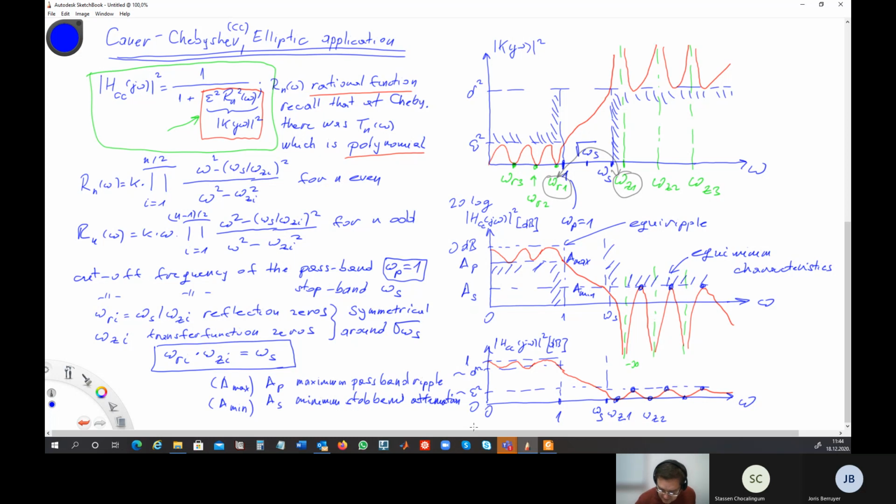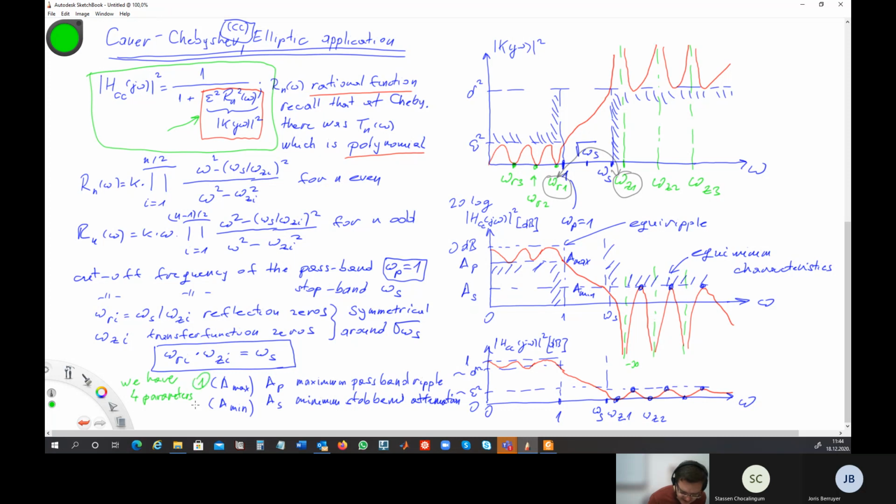There are many names for this kind of characteristics. But what is important for us is to see how many parameters we have in elliptic approximation, or CC, or Cauer-Chebyshev. We have 4 parameters.